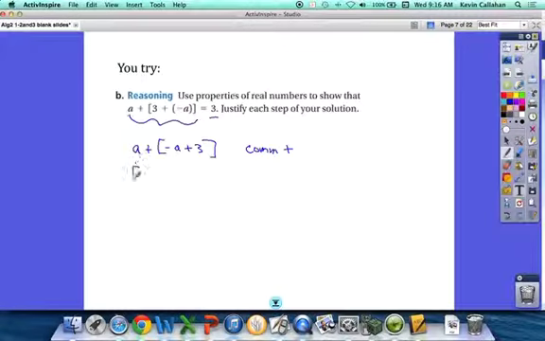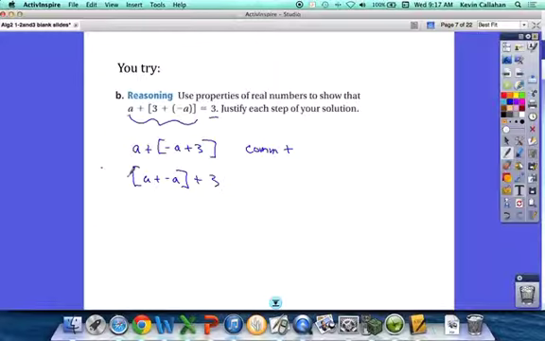Okay, now what if I do this? A plus negative A plus 3. What did I just change? From here to here, what changed? What did I move? The parentheses, right, the brackets.